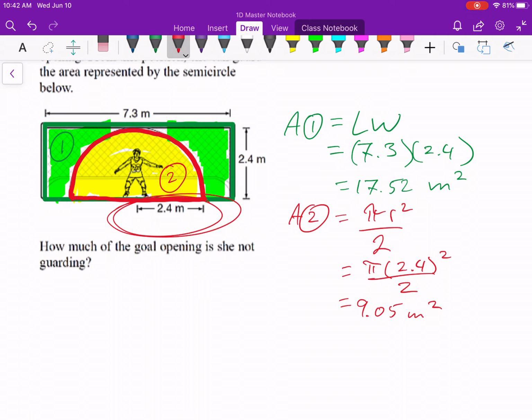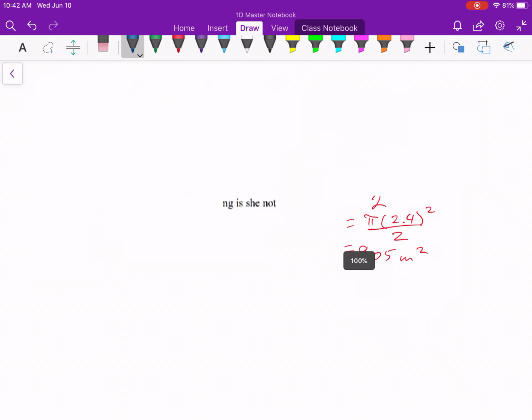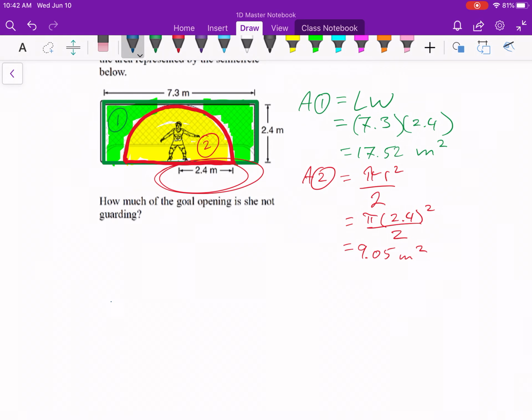Then what we can do is, sorry, not add them together in this case. We're going to subtract. We're going to take the whole rectangle and subtract, take away, that's a minus sign there, the area that is guarded.